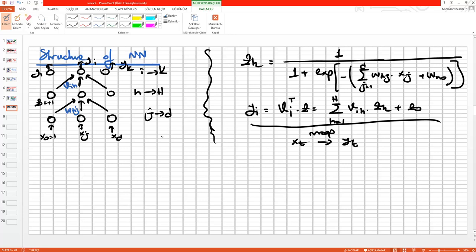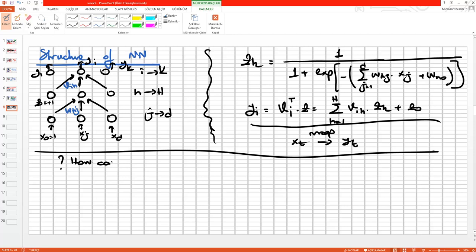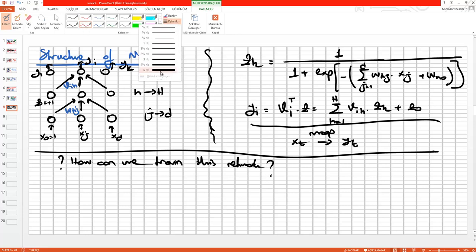How can we train this network? So, this network can be trained using the backpropagation rule.